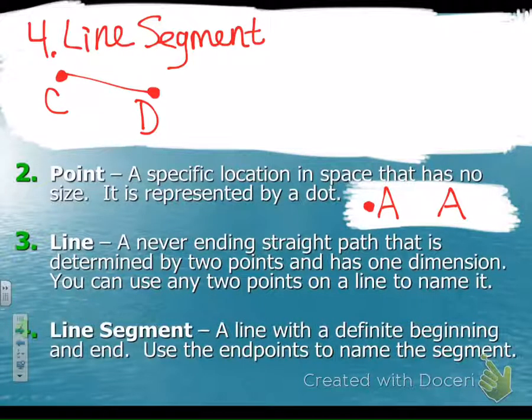To name it, we would do that similar to how we name lines. We use the 2 points. In this case, we're just going to put a bar over them, like a little line segment. No arrows. And again, we can reverse or switch the order of the letters. Either way works. Either way, we're naming the line segment CD.